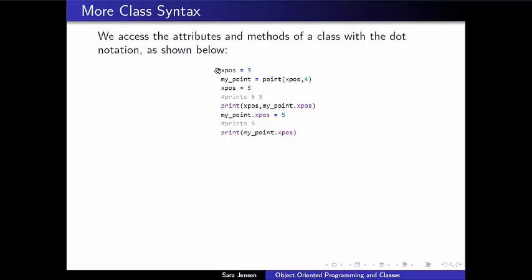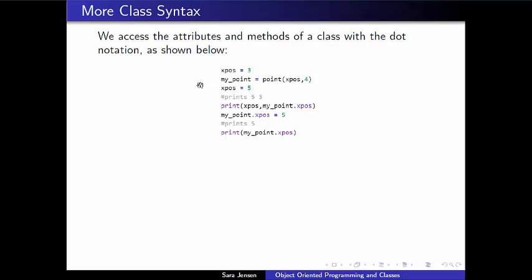So if this is the first line of code and this is my second line of code, at this point in the flow of control of the program, myPoint has an X position and a Y position. The X position is 3 and the Y position is 4.